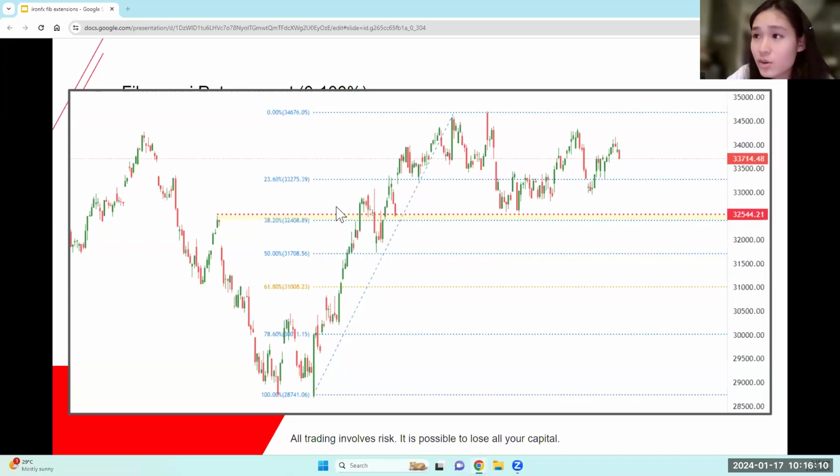But really briefly, overlap basically means that there are swing highs and swing lows that match up at the same level. Those tend to be really significant levels, especially if they line up with our Fibonacci level like we have over here.